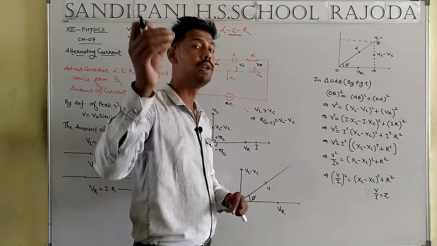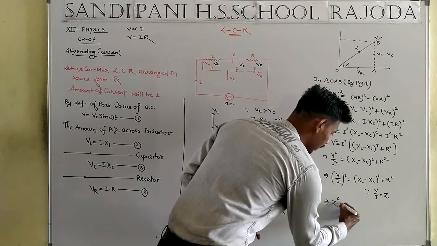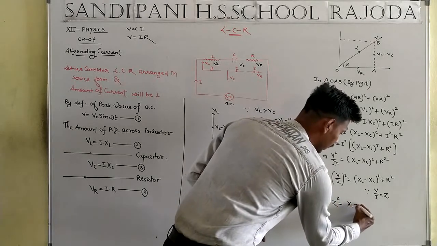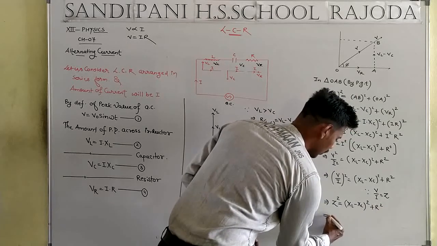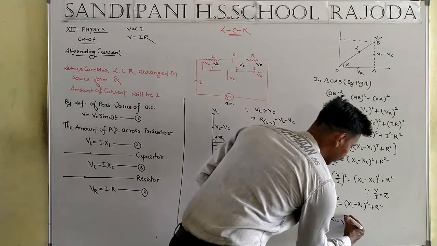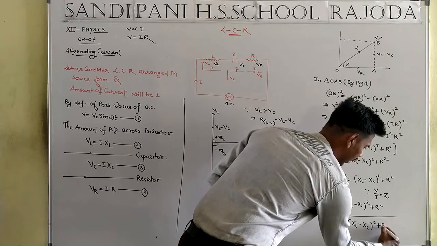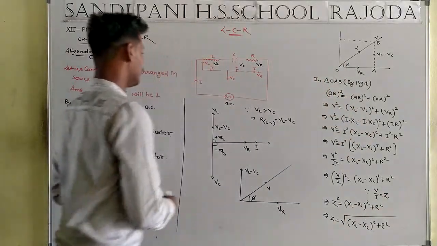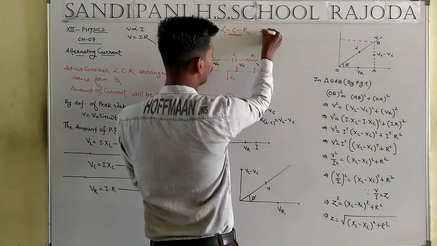That means the impedance of the circuit, such that Z square equals (XL minus XC) whole square plus R square, replaced by the root. So the final step we get root of (XL minus XC) square plus R square. Now it is time to define the final expression.